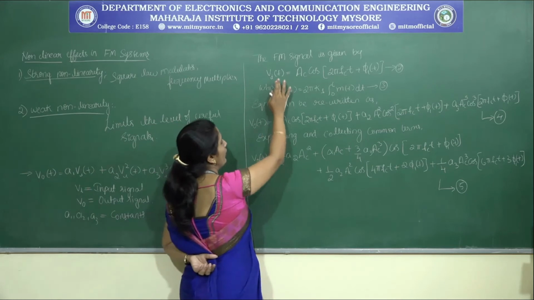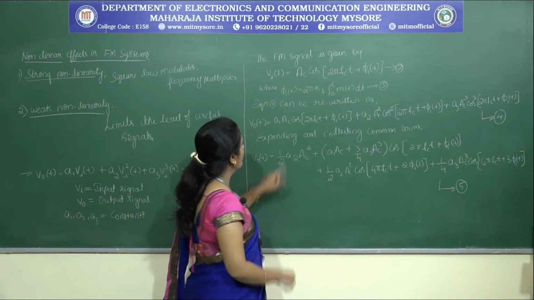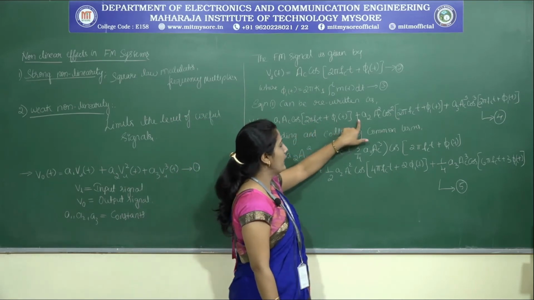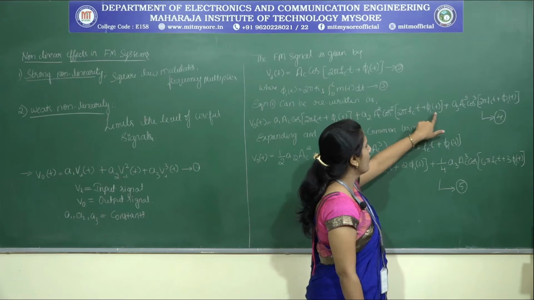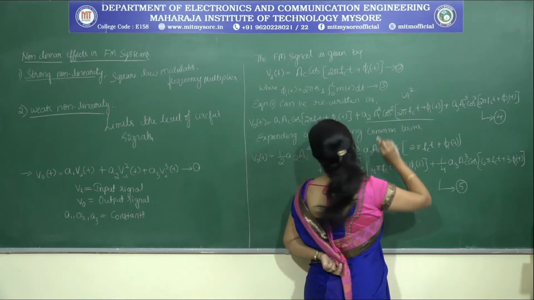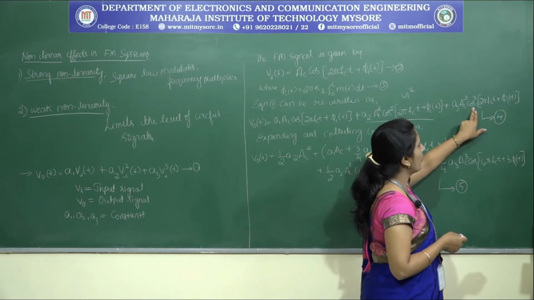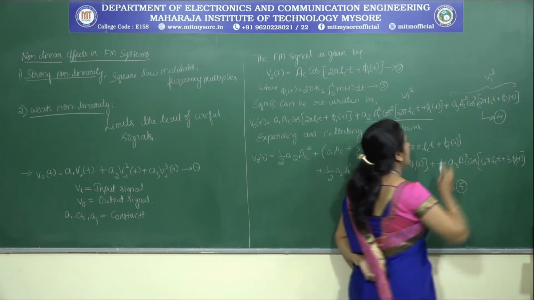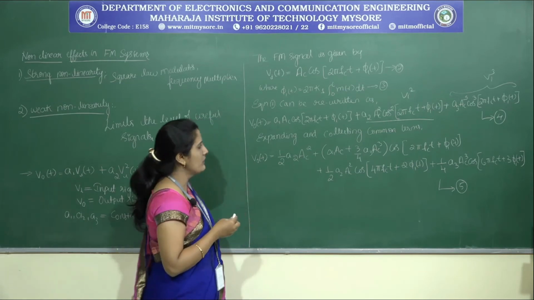Substituting Vi of t in equation number 1, we get V naught of t equal to A1 into AC cos of 2 pi fct plus phi 1 of t, plus A2 into AC square cos square of 2 pi fct plus phi 1 of t, because this is Vi square in equation number 1, and A3 AC cube cos cube of 2 pi fct plus phi 1 of t. This term is Vi cube.